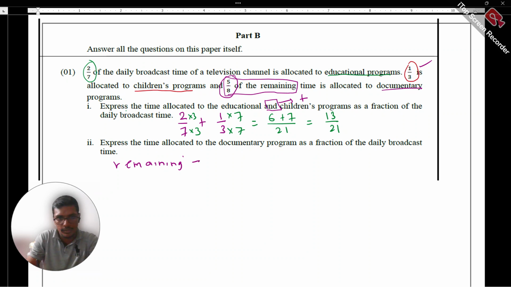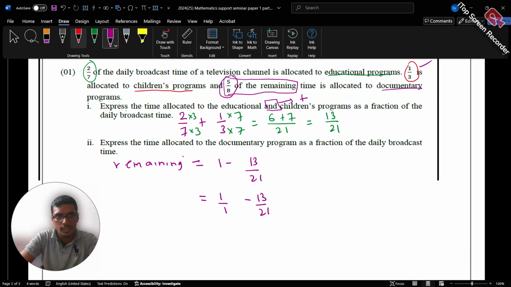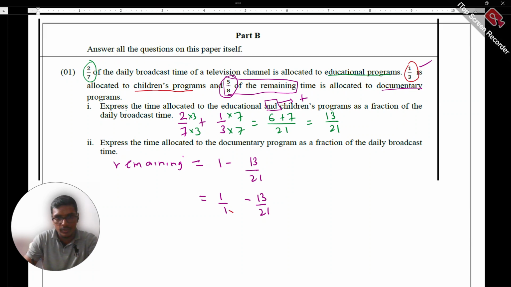Remaining will be 1 minus 13 over 21. When we are subtracting, here 1 means 1/1 minus 13 over 21. There we should take the common denominator, so 1 times 21. Because this 1 we consider the total fraction as 1 always.